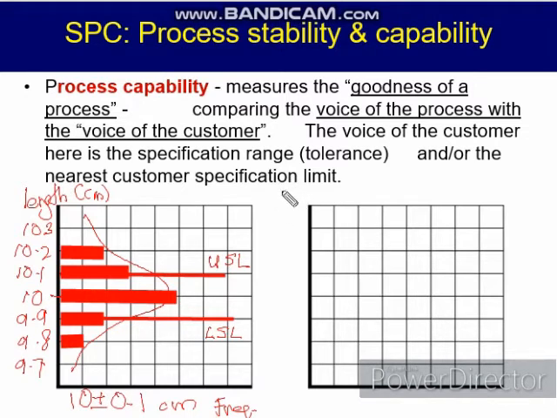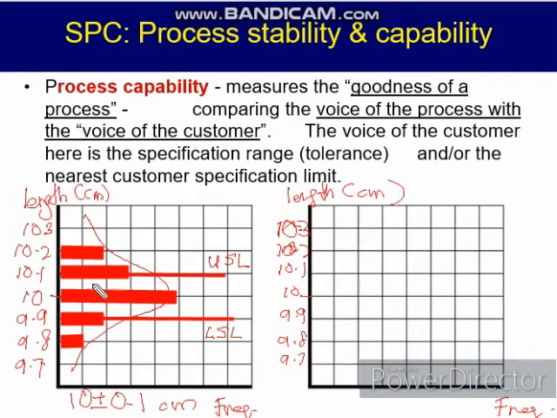So again, this is the length in cm. Again, this is the frequency, and this is basically the 10. This is 9.9, 9.8, 9.7. This is again 10.1, 10.2, 10.3. Sorry about this writing, it's a bit hard to write using this pad.